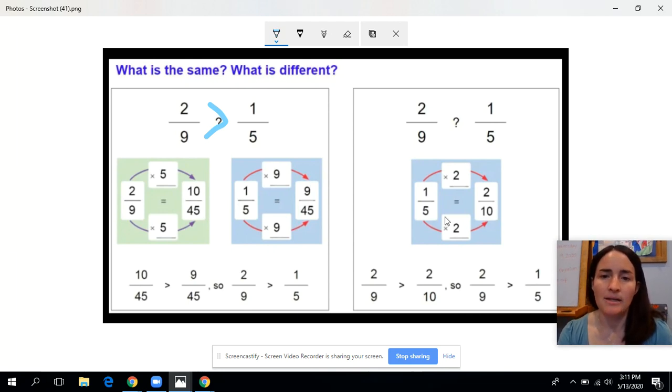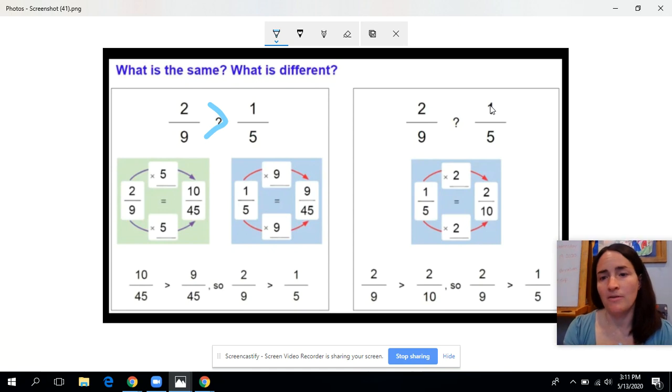On this side, yes, they were finding an equivalent fraction, but they only did it for 1/5. They figured out that 1/5 was equivalent to 2/10. And the reason that was done is so that each of these fractions had the same numerator.